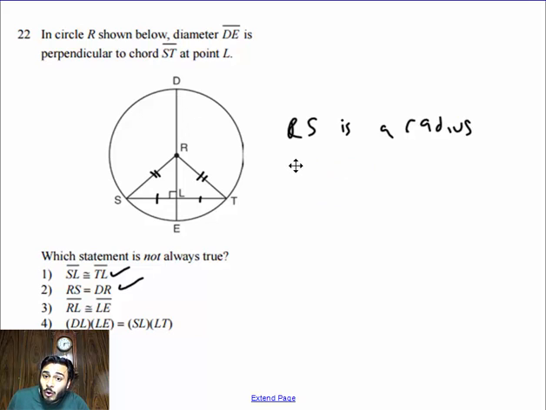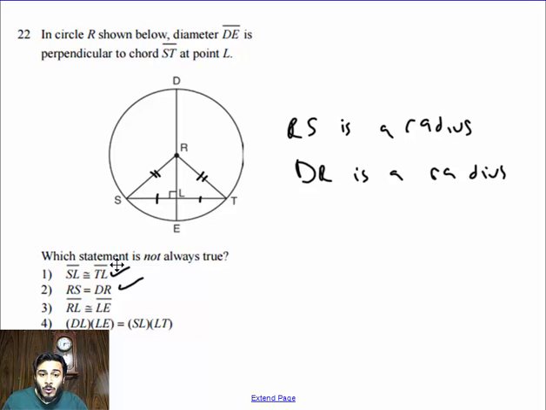DR is also a radius. Remember, a radius is a line that connects the center of the circle to a point on the circle. So they are both radii, and so the radii are congruent, so choice 2 is true.